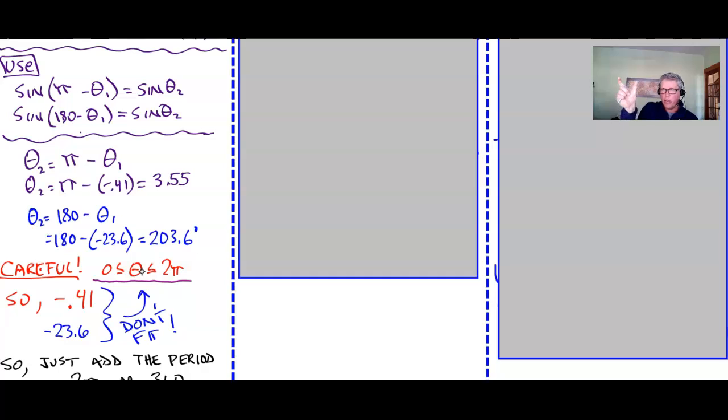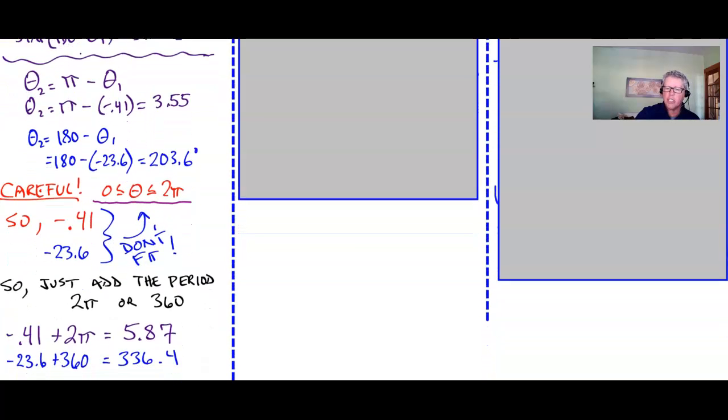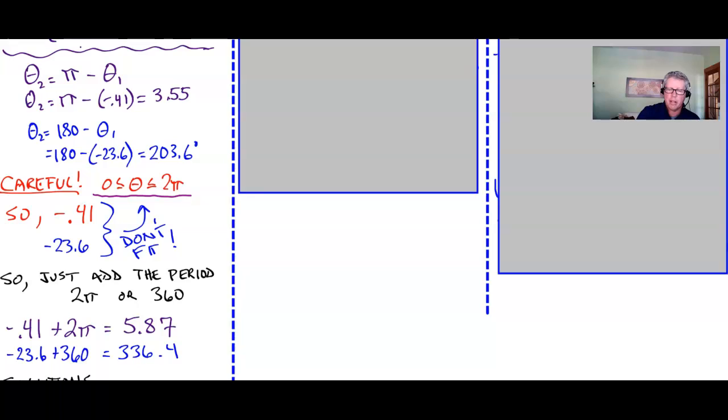It just doesn't know that you're only looking for this range. So how do we create all the other ones? We just add 360 or add 2 pi. So don't throw it out. We use that. We're going to add 2 pi to it to get the same location, but in a different look.